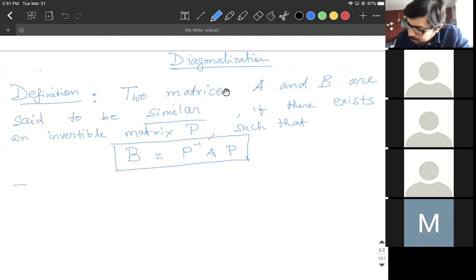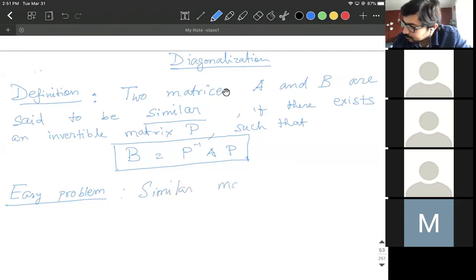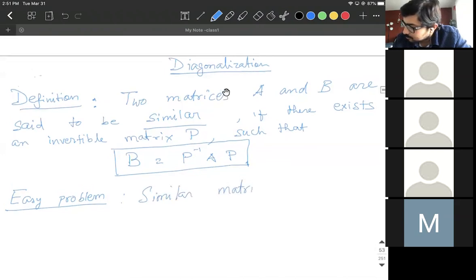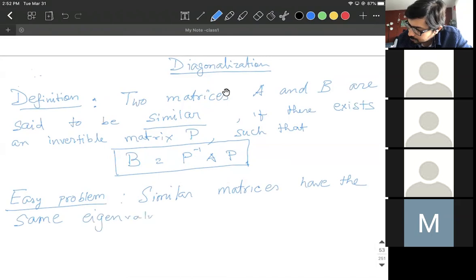Now this is an easy problem and we will solve it completely. Similar matrices have the same eigenvalues.